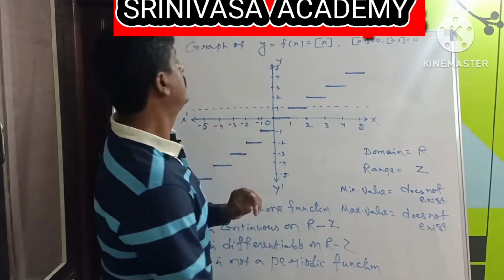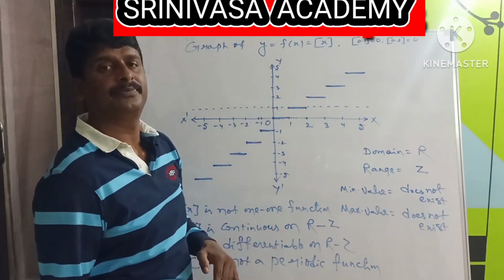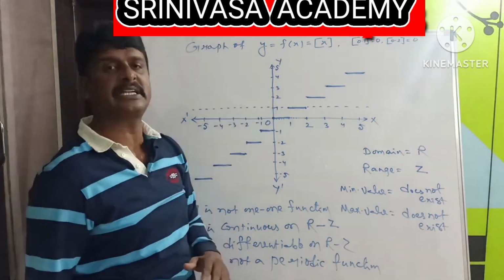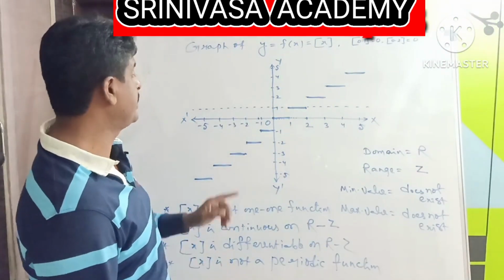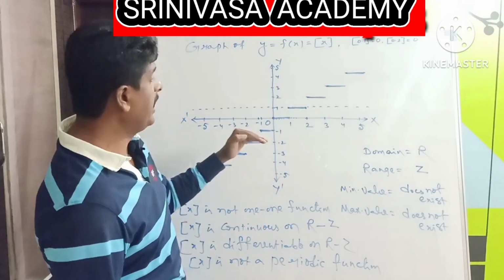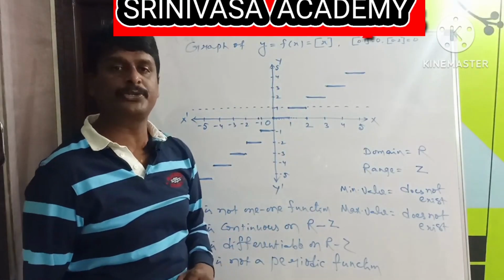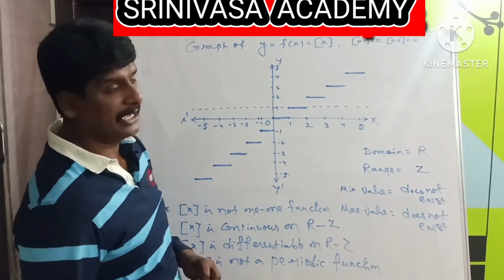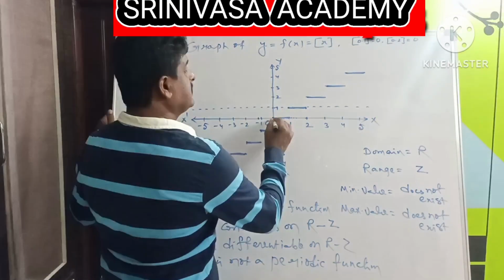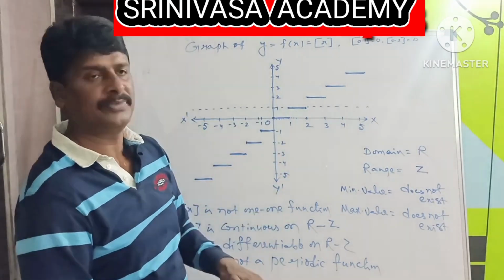Observe that the graph of step x is looking like steps. The graph of the greatest integer function looks like steps. That's why it is called a step function. It is defined for all real numbers, its domain is R, its range is Z. Minimum and maximum values do not exist. And is it increasing or decreasing? As x values are increasing, y values are constant.